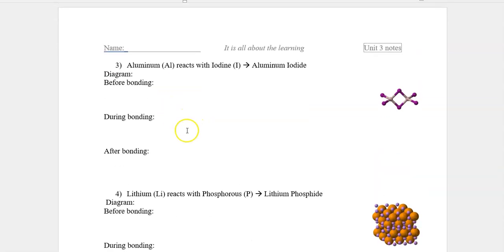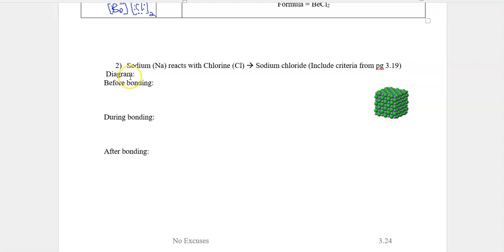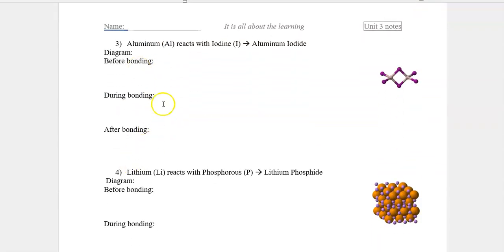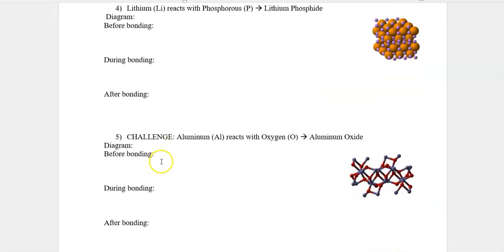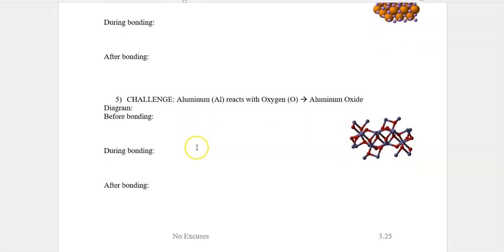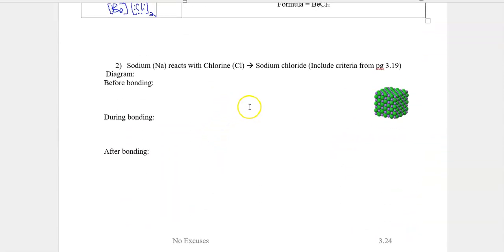Do 2, 3, and 4. And then maybe unpause after 2. Go through that one with me after you've tried it for a bit. And then give an extended time for 3 and 4, maybe like 10 minutes. And then you can unpause and go through that. And then depending on how people are feeling and how much time's left in the period, you could maybe do number 5. But when you unpause the video, I'm going to start going through all of them.